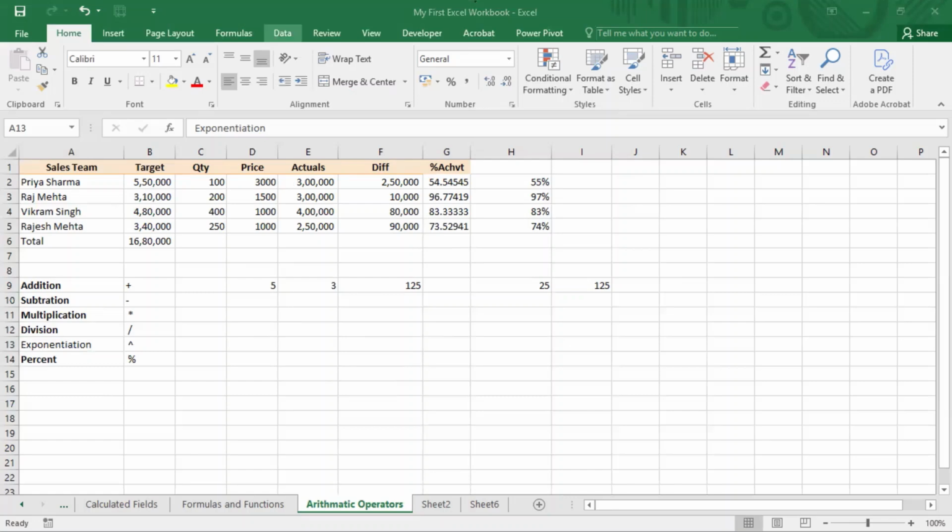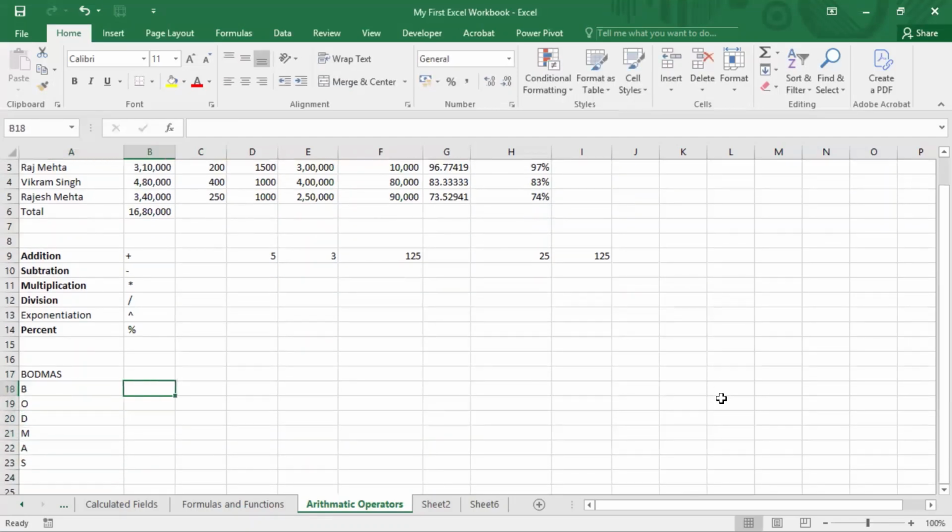The most important thing that we need to look at when you are talking about arithmetic operators is that it follows the principle of BODMAS. What does it mean? I'll put it this way so that we understand. B stands for brackets. This is the order of precedence.